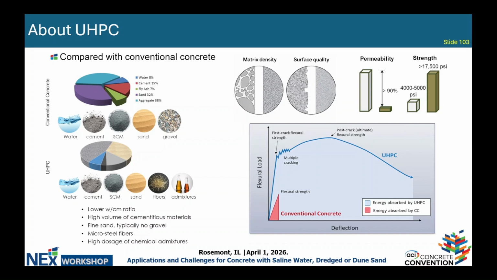When we compare with conventional concrete, UHPC shows a more densified microstructure. It has greater surface quality with fewer defects on the surface, like micro cracks or capillary pores. As a result, the permeability of UHPC is much lower than conventional concrete. Typically, it's 10% or even lower than that of conventional concrete.